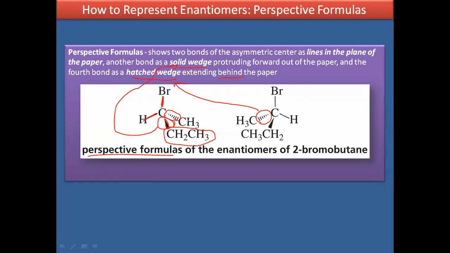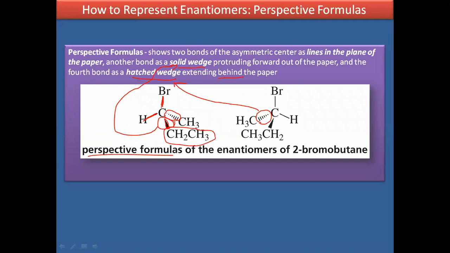The CH3 group is behind the plane of the paper, the ethyl group is above the plane of the paper, or forward out of the paper, and the hydrogen and bromine are bonded to the carbon atom. The lines represent the plane; they lie in the plane of the paper.